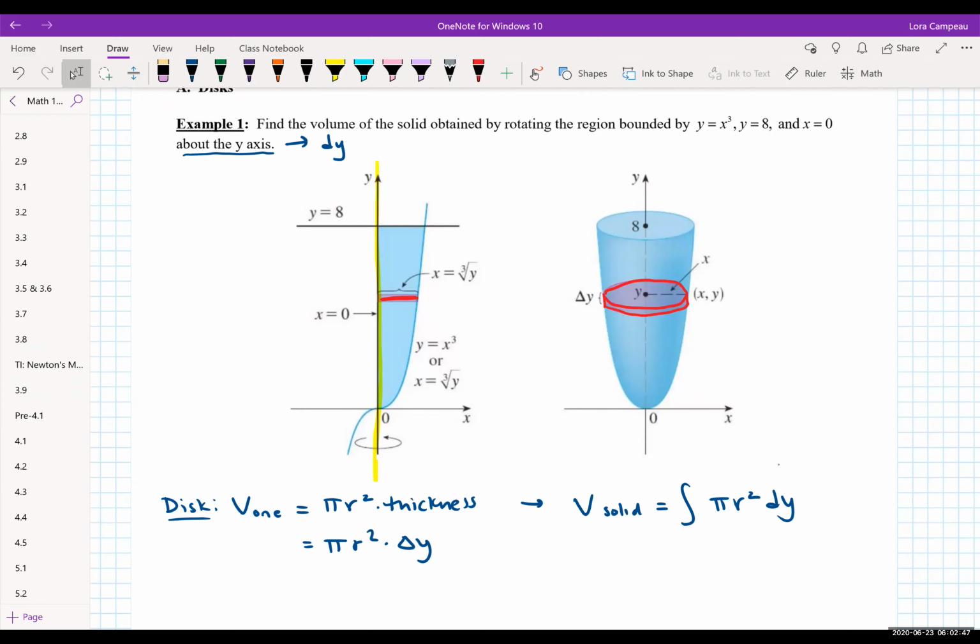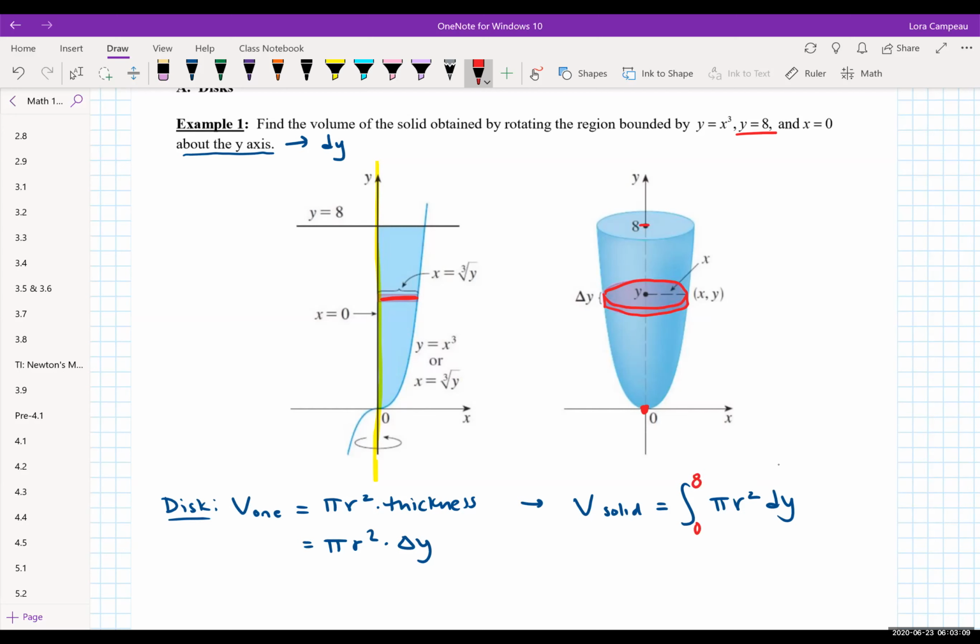Do they give us the y values? In our case, they do. According to what the solid is doing, the y value is going from 0, and according to the bounds, it's stopping at 8.